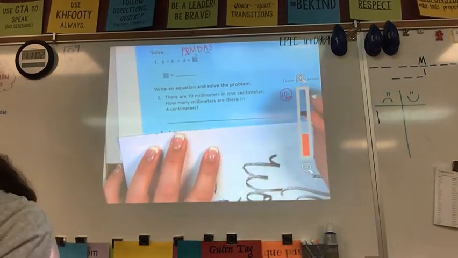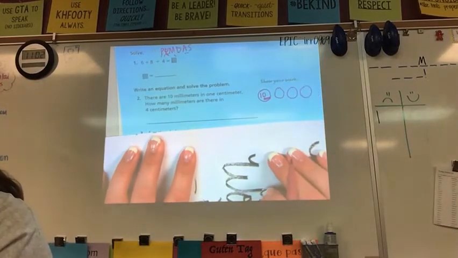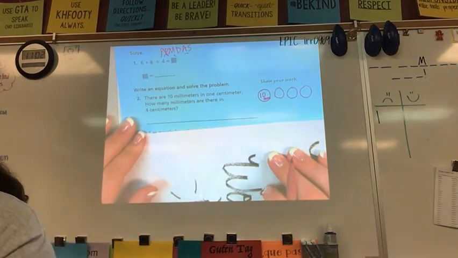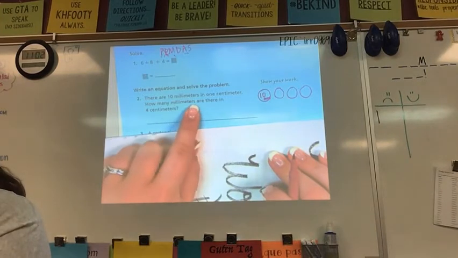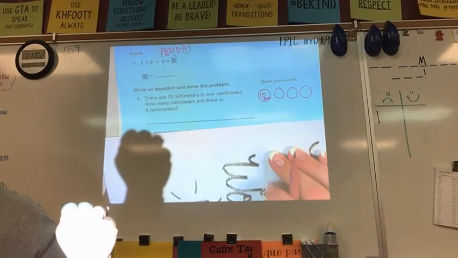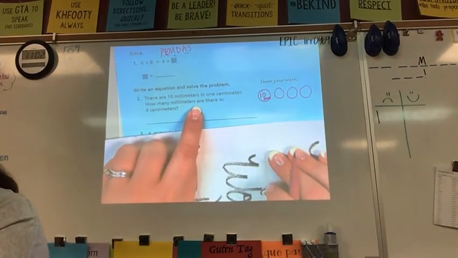So I'm going to have 4 of those centimeters. Well, there you go. That would be a good way to visualize that. I do want you all to know the shortcut for millimeters is mm. So if you don't want to write the whole long word millimeters, you may put mm.